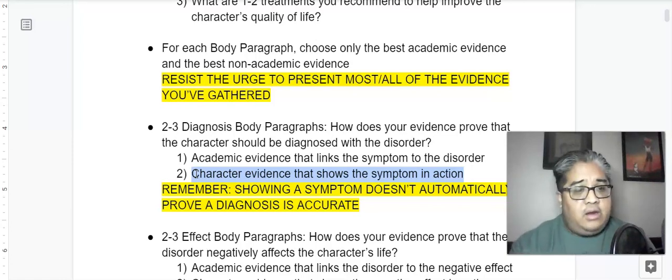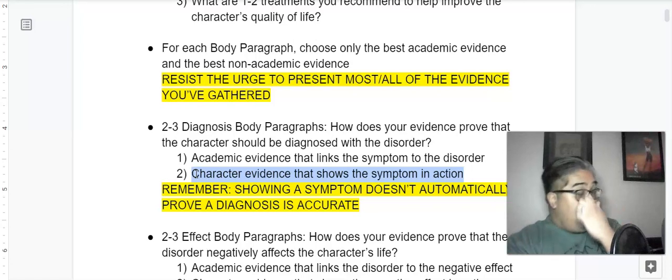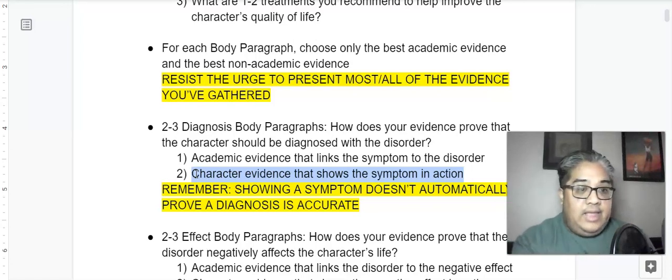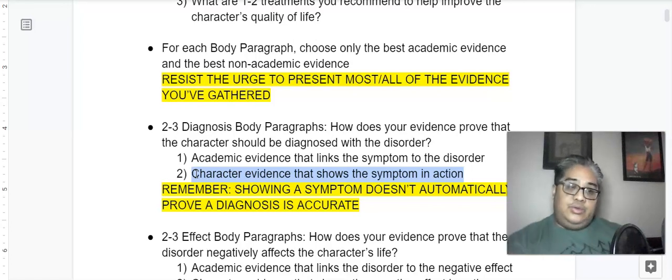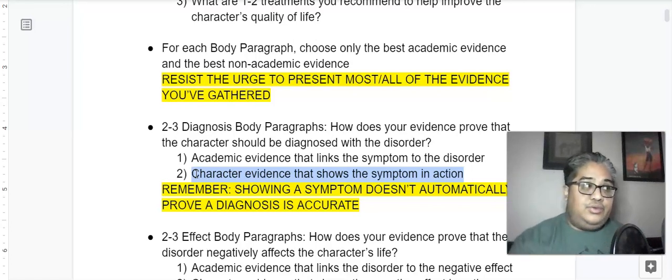Just because the character is having trouble sleeping doesn't automatically mean that they're depressed. There has to be more going on there that links the character's inability to sleep more clearly to depression disorder, because there's so many different reasons why somebody may have trouble sleeping.